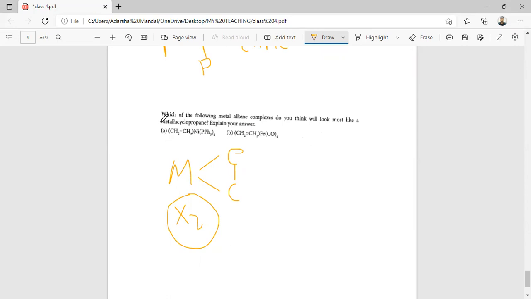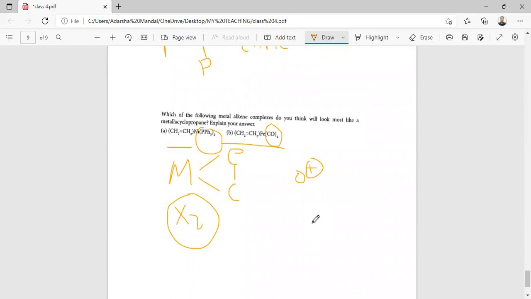So between these two complexes A and B, both have the metal in the zero oxidation state, and in one case the ligand is (PPh3)2 and in another case it is (CO)4. Between this PPh3 and CO, CO is a sigma donating and pi accepting ligand, and phosphine is a pure sigma donating ligand.